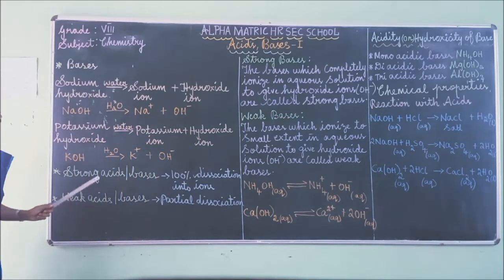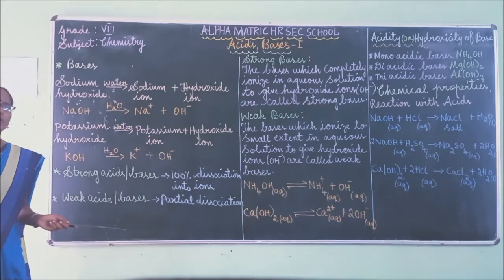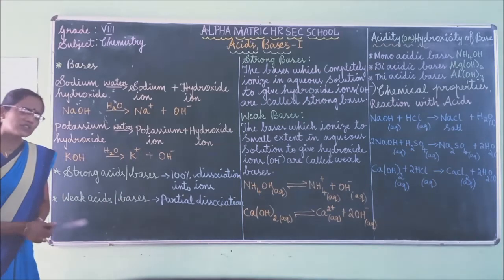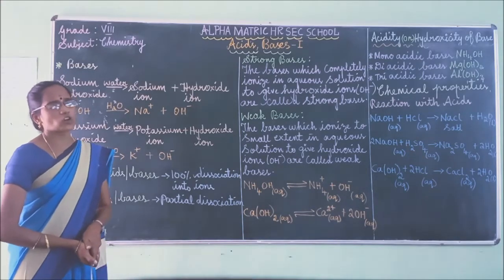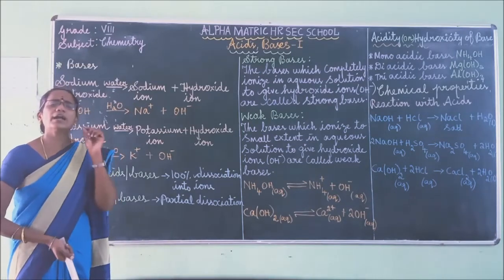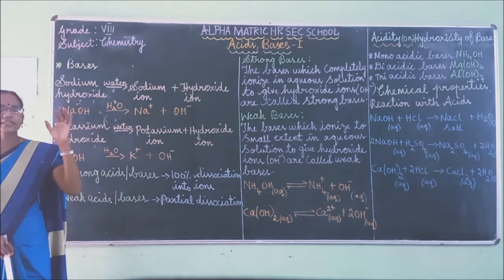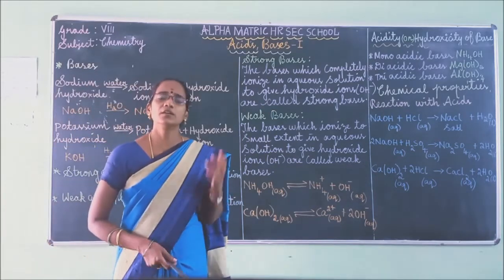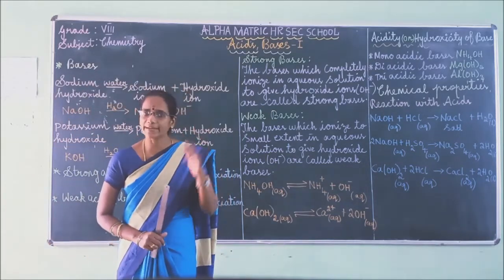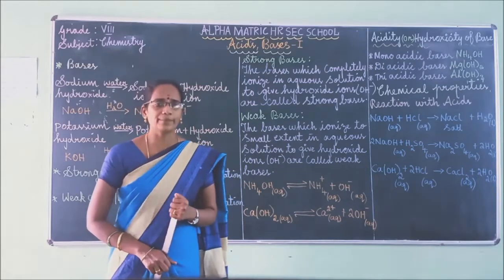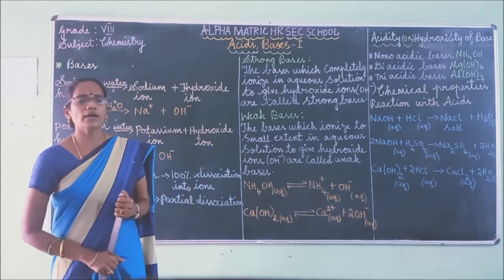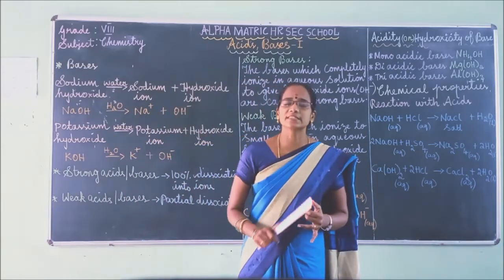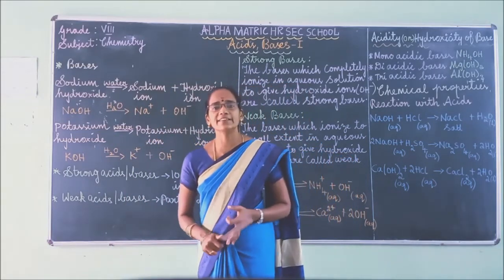Okay. Right. So, next let me discuss about the strong acids and strong bases. Strong acids as well as strong bases both are 100% dissociated into ions. What is the meaning of dissociation? Dissociation means separate into ions. For strong acids we can give examples: sulfuric acid, hydrochloric acid, nitric acid.